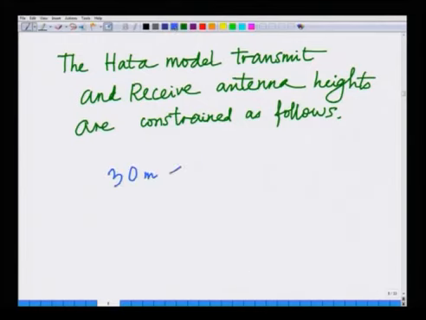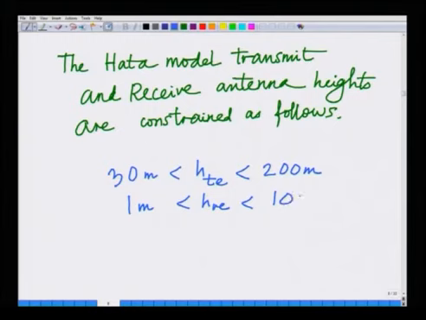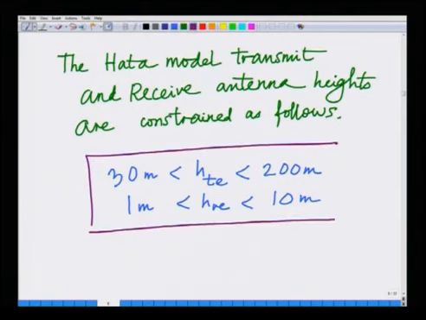We have 30 meters less than HTE less than 200 meters, and 1 meter less than HRE less than 10 meters. So, the transmit antenna height is constrained to lie between 30 and 200 meters, and the receive antenna height is constrained to lie between 1 and 10 meters. These are the ranges of the different heights in the Hata model.